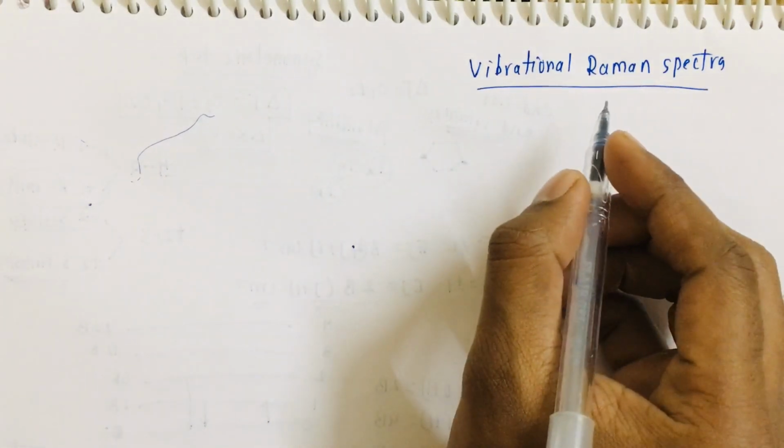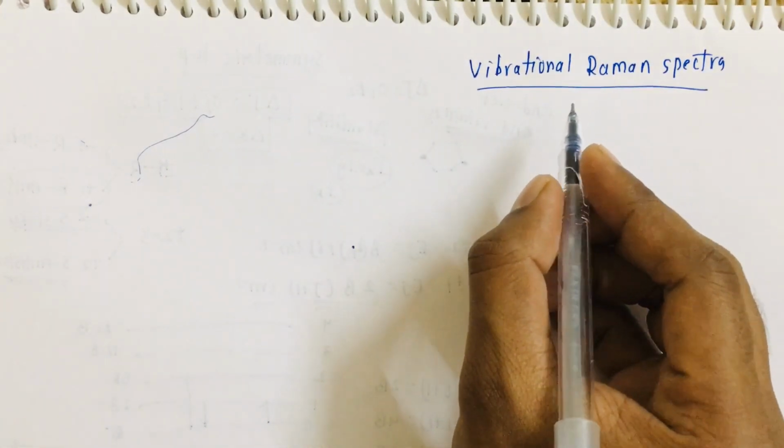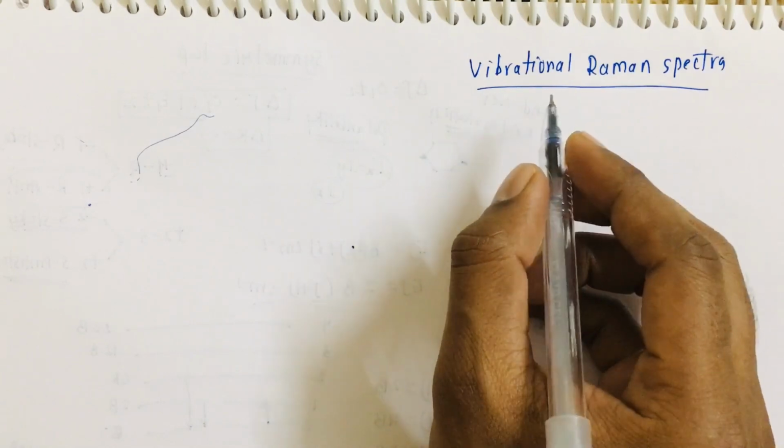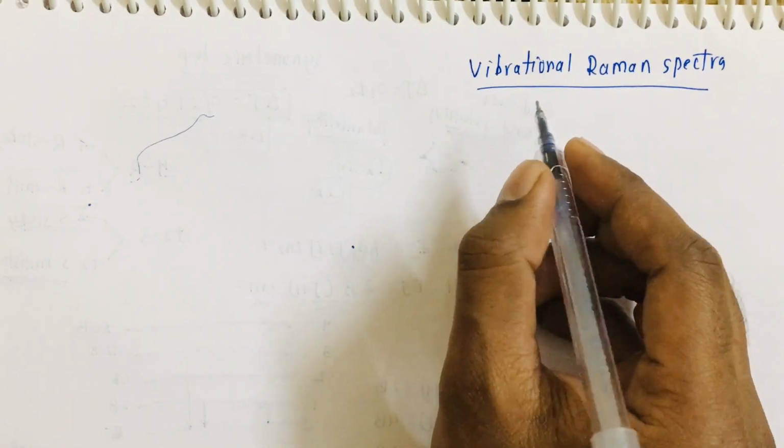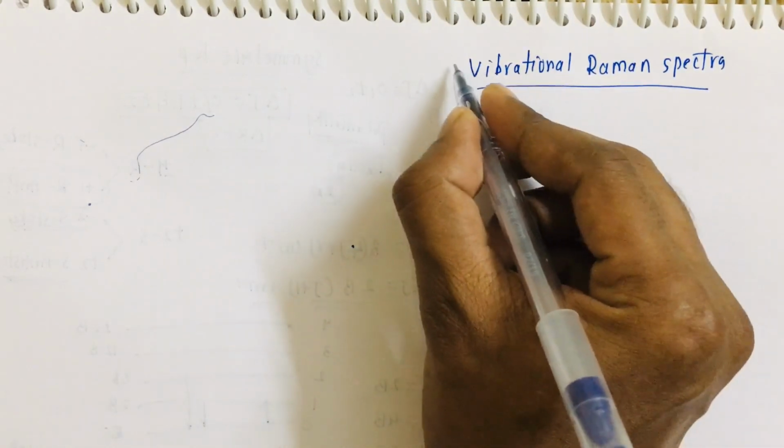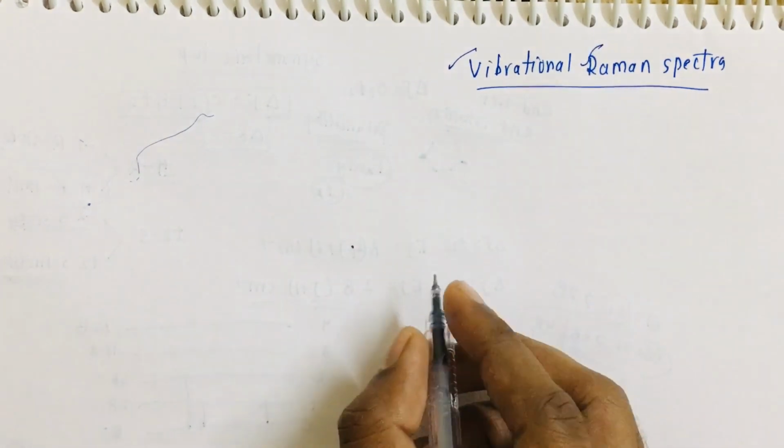Vibrational Raman spectra means there should be a change in dipole moment as well as polarizability.